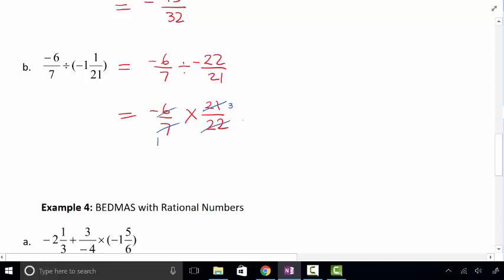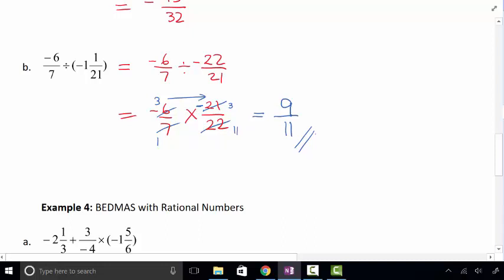These can reduce by dividing both by 2 to get 11 and 3. Now if I do the multiplication, I forgot the negative here. Okay, so if I do the multiplication, I get negative 3 times negative 3, which gives me positive 9 over 1 times 11, which is 11. And so that is the final answer for that question.